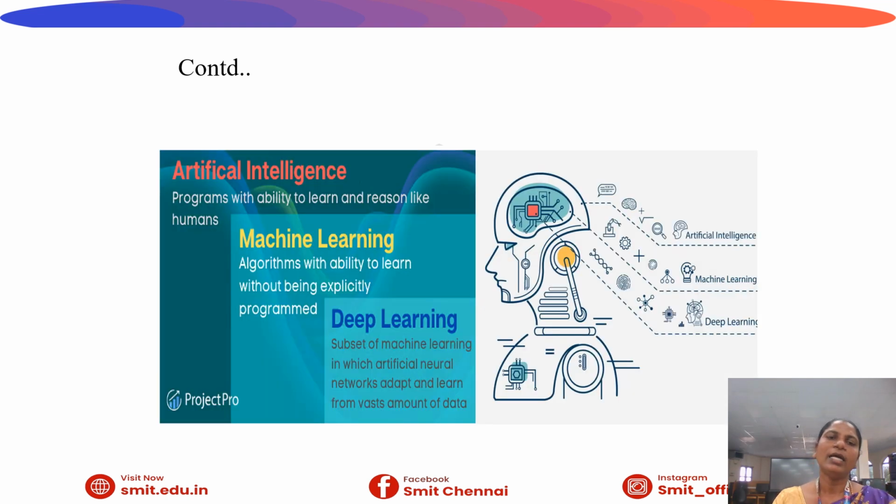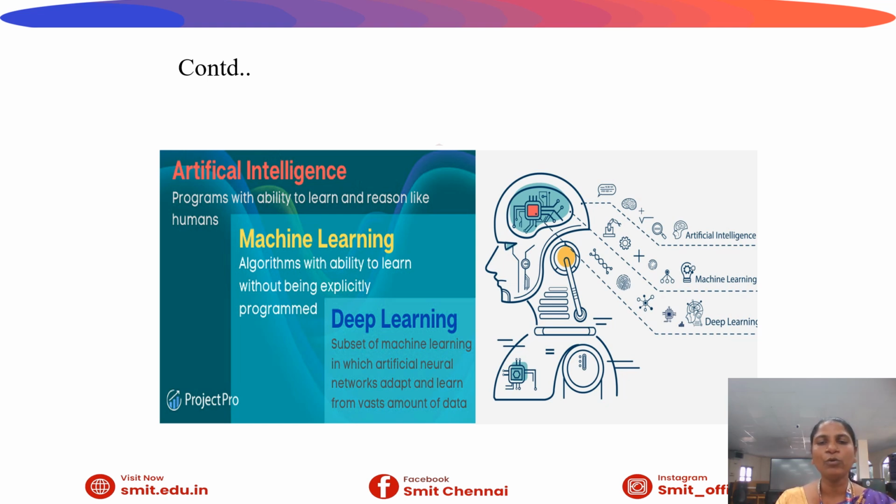So now we know what is artificial intelligence, what is machine learning and what is deep learning. Artificial intelligence is nothing but enabling the system to think like a human, and machine learning is a subset of AI. It uses algorithms with the ability to learn without any explicit programming, and the advancement of machine learning is nothing but deep learning.